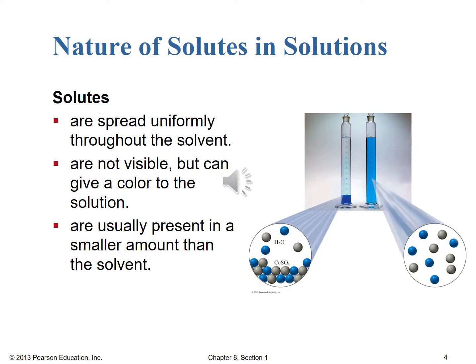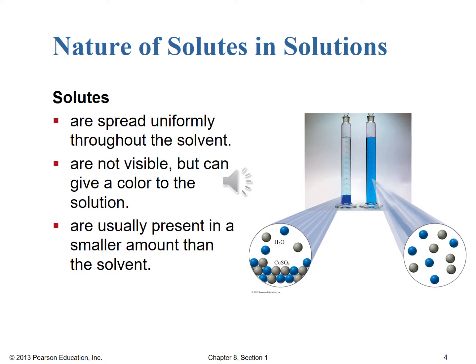If we think a little about the nature of the solutes in the solutions, solutes are spread uniformly throughout the solvent. So if we look at that picture on the right, the left solution there is still forming. We've got the solid down at the bottom that's slowly dissolving into solution, and we're seeing that the water molecules are starting to surround the copper and sulfate ions.